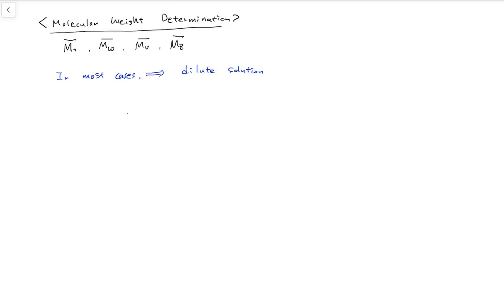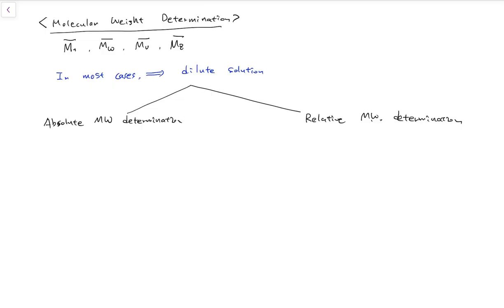Overall, there are two different types. The first type is absolute molecular weight determination. The second type is relative molecular weight determination.